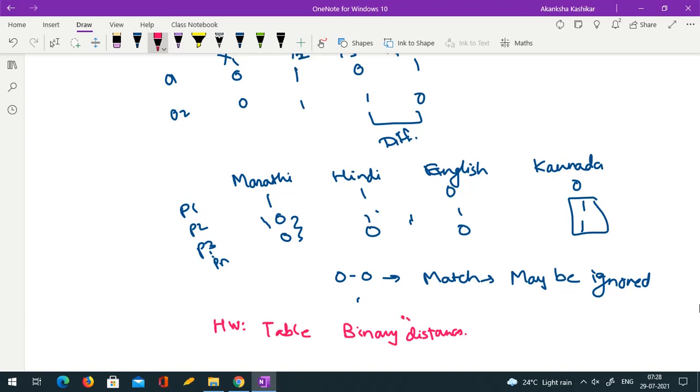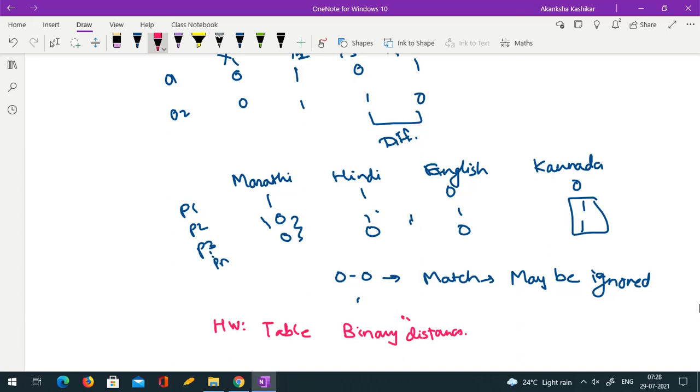Is the homework clear? In Johnson and Mitchell, there is a table which gives various formulas for computing distance between any two binary observations.